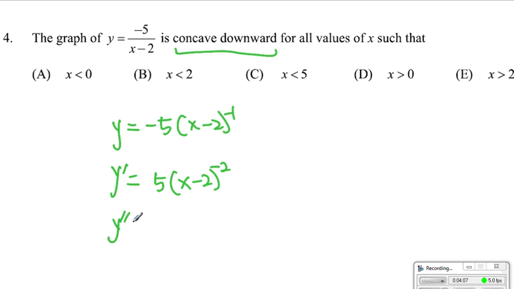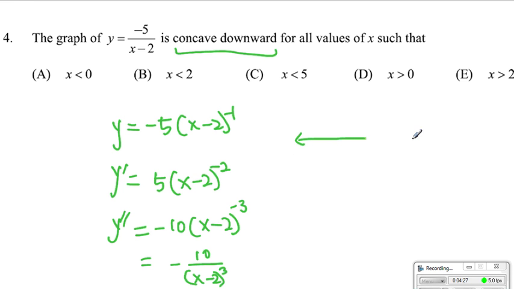Y double derivative becomes negative 10 times x minus 2 to the negative 3 power. In other words, we have negative 10 over x minus 2 to the third power.